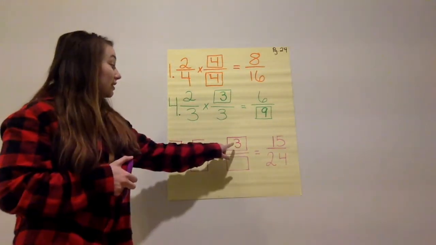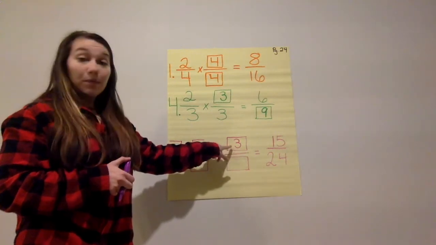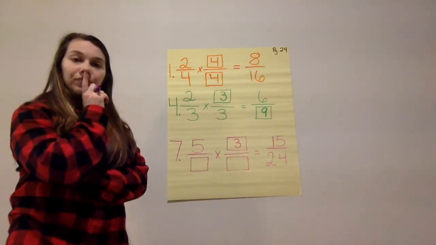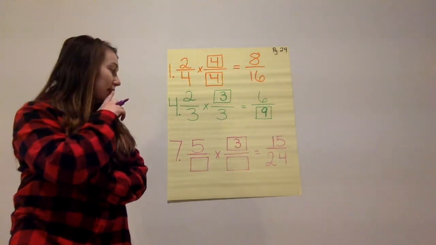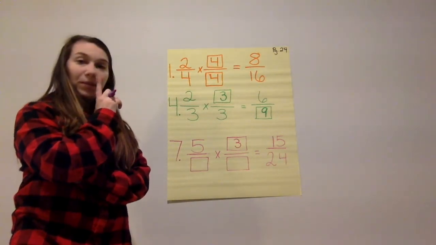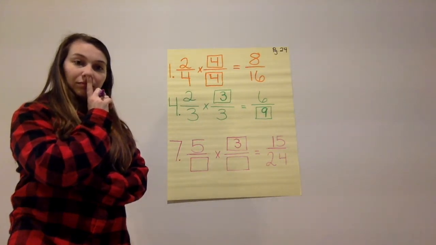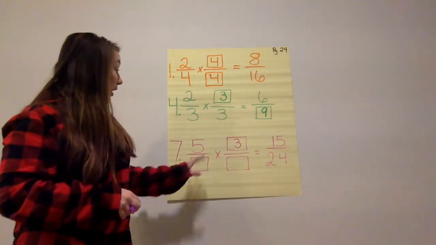So, does knowing that this number is a 3, does that help us at all? Take a second, think about it. Does it help us at all? It does, right?